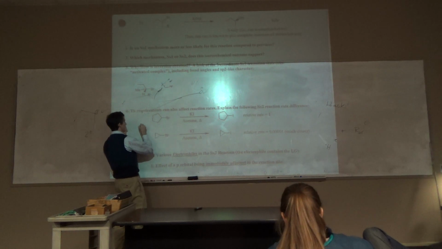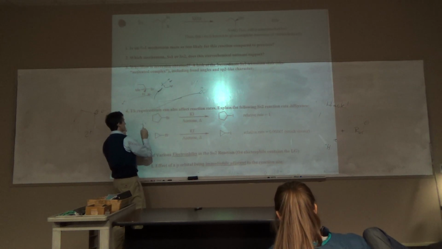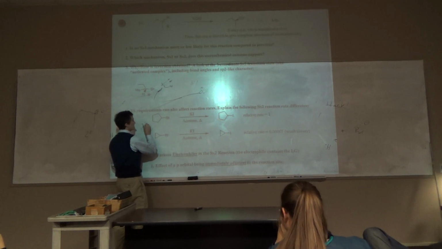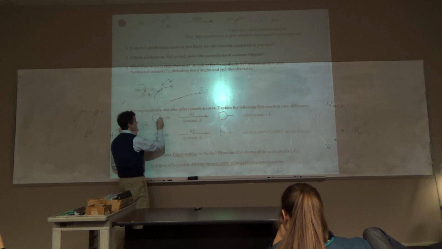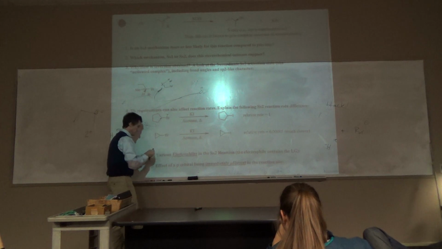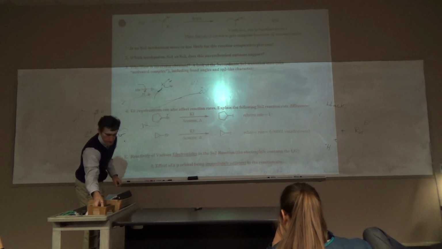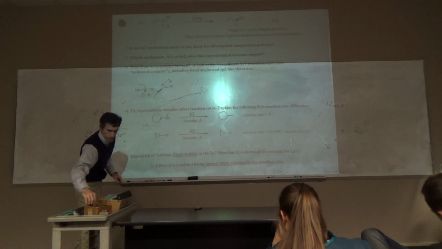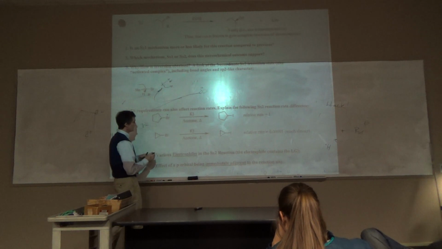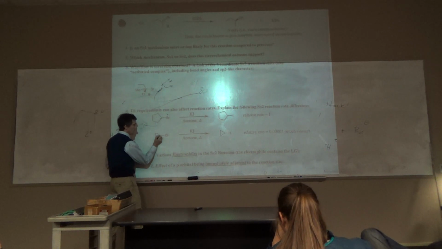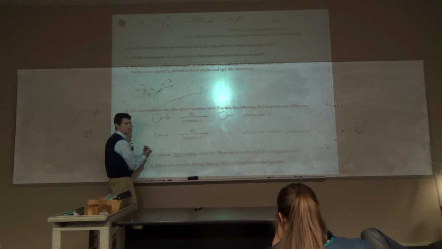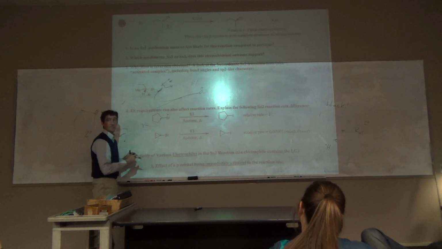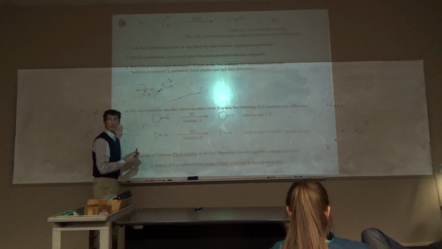Right? What are we doing here? We got I minus. These electrons are going to come in here, backside, kick that off. Why is this slower? Here's your carbon. What type of bond angles do we need around this carbon in the transition state? 120-degree bond angles, right?